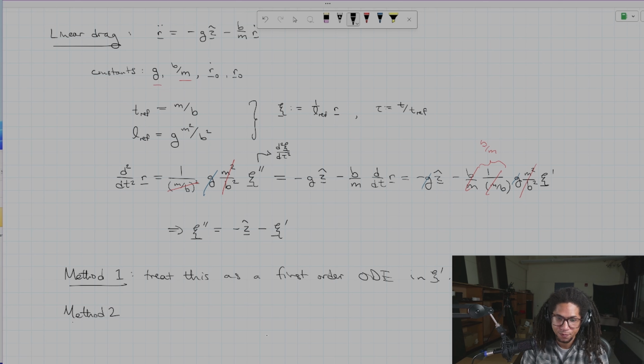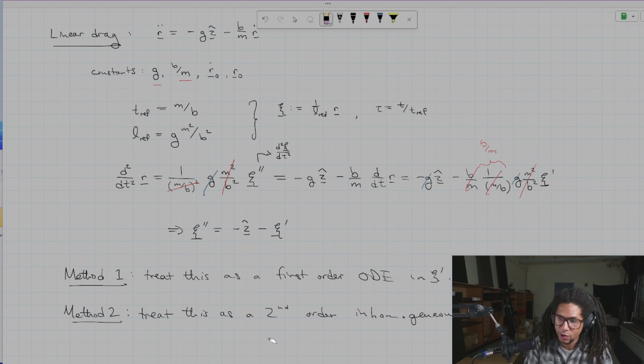Method two, I can treat this as a second order inhomogeneous linear ODE.